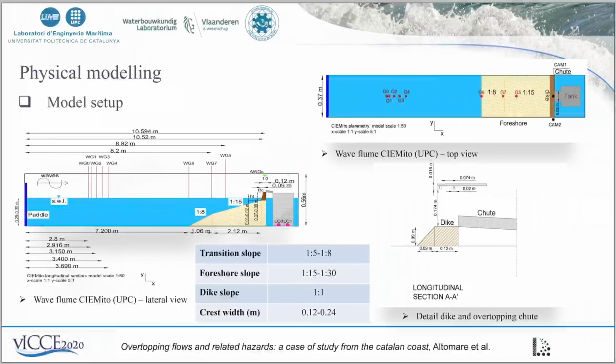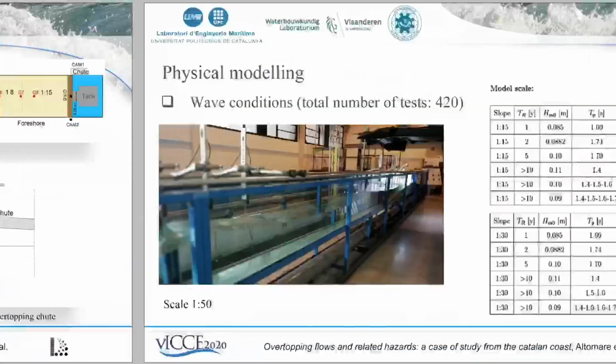We employed several resistive wave gauges to measure the wave transformation along the flume, but also acoustic wave gauges to measure the overtopping flow properties on the dike crest, together with high-speed cameras. The choice of the foreshore slope, the dike slope, and the crest width dimension are based on the local conditions, so on the bathymetric and topographic survey at Premià de Mar.